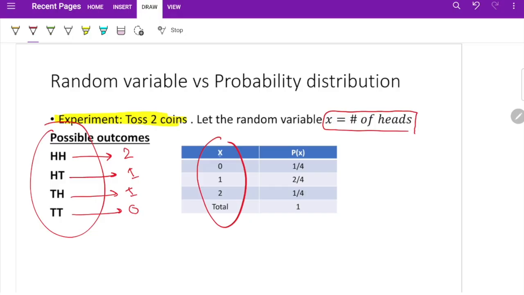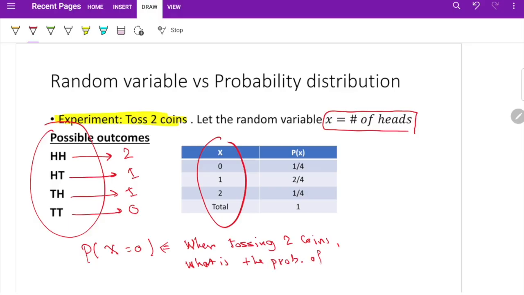Now, the question is, what is the probability that X is going to take 0? What does this mean, by the way? In words, it means: when tossing 2 coins, what is the probability of getting 0 heads, or no heads?